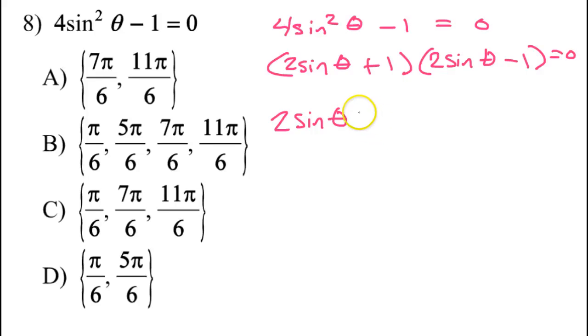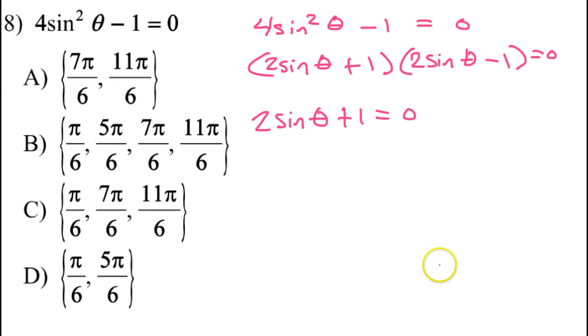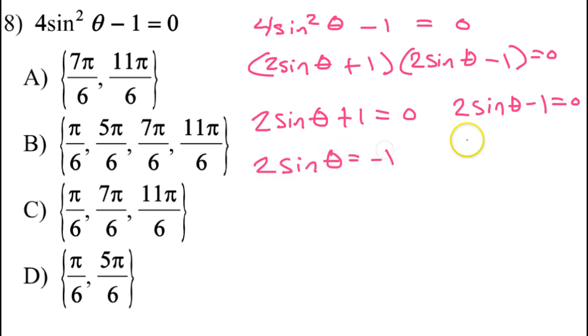Alright, I will have 2 sine theta plus 1 equals 0, and I will have 2 sine theta minus 1 equals 0. So this is going to give me, subtracting 1 from both sides and adding 1 to both sides, 2 sine theta equals negative 1, and 2 sine theta is equal to positive 1.